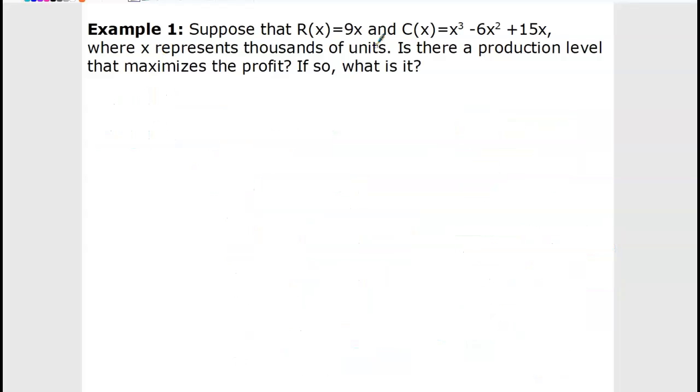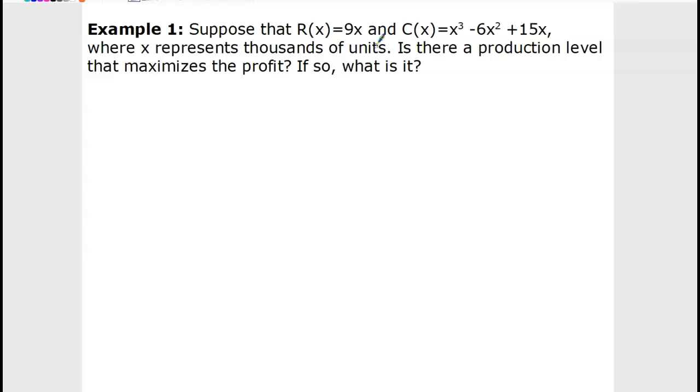So suppose that r of x is equal to 9x and c of x is equal to x cubed minus 6x squared plus 15x, where x represents thousands of units. Is there a production level that maximizes profit?